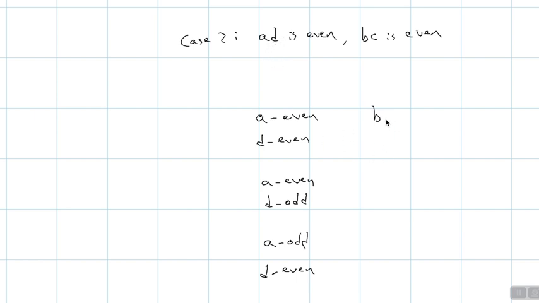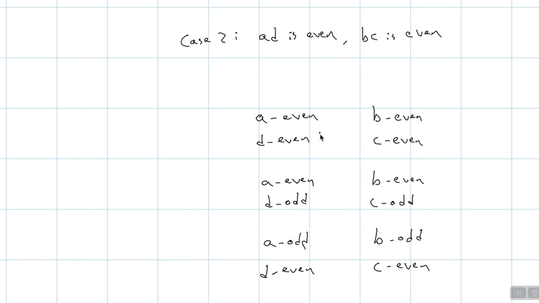And same thing with BC. B could be even, C could be even. So we have three ways to pick an AD combo and three ways to pick a BC combo.